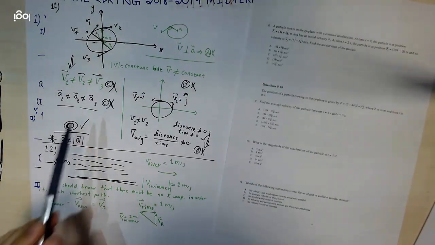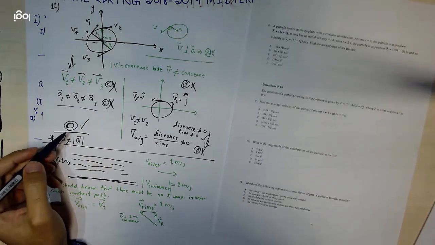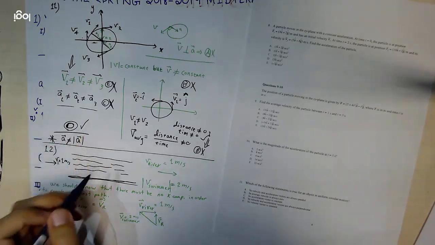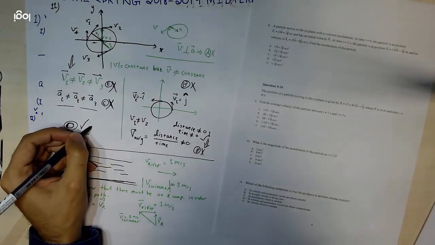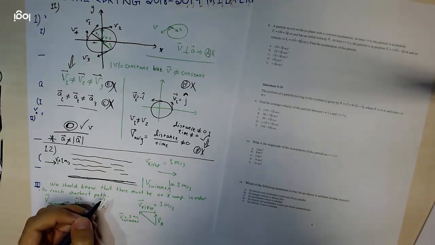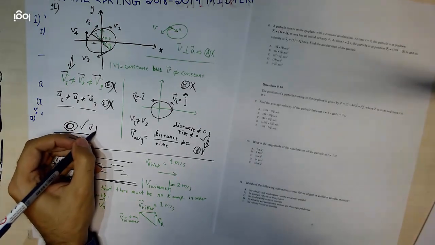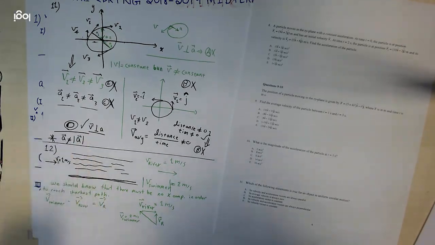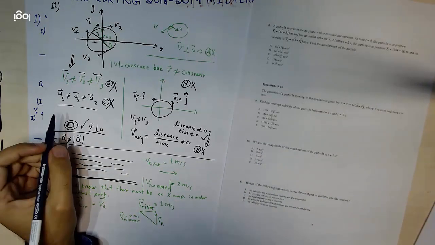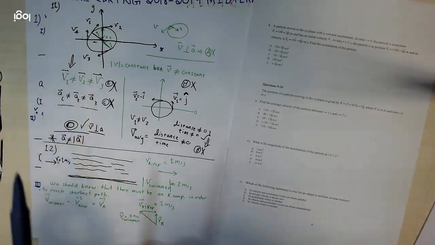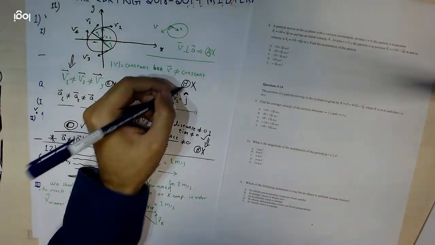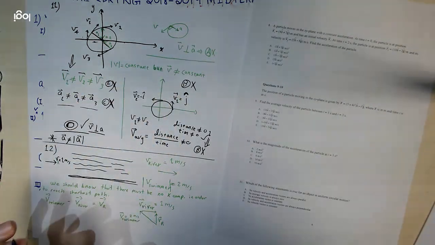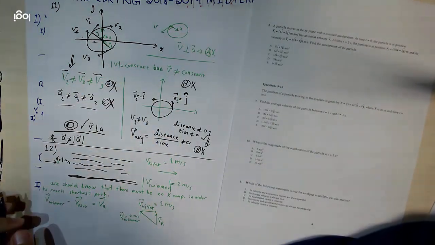Let's come to choice D, which says that velocity is always perpendicular to acceleration, and that is correct. Let's come to choice E as the last one.